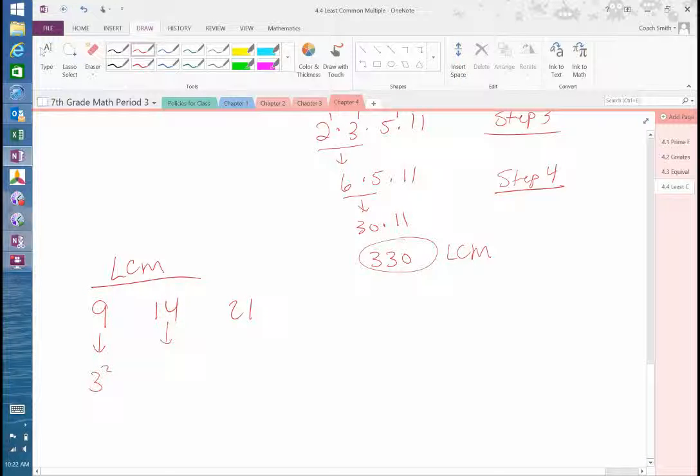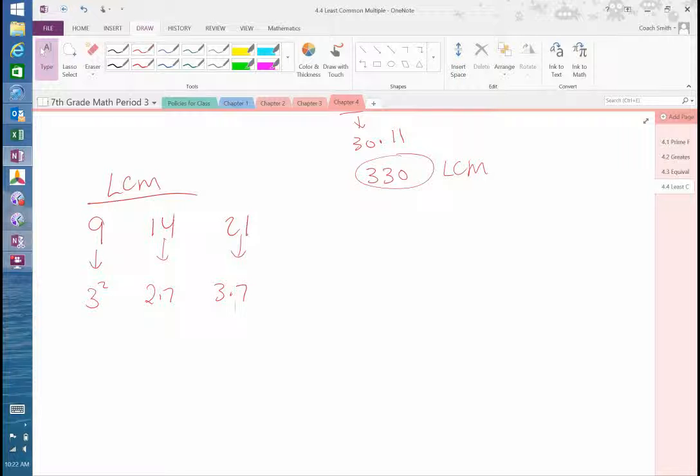Prime factorization of 14? 2 times 7. Prime factorization of 21? 3 times 7. So there's your prime factorizations. That's step 1. Step 2, list all the prime factors that were used. What prime factors were used? 2, 3, and 7.